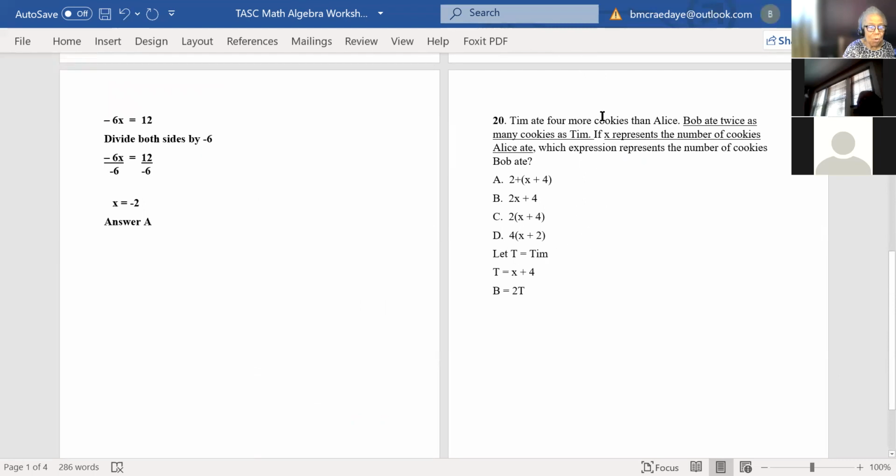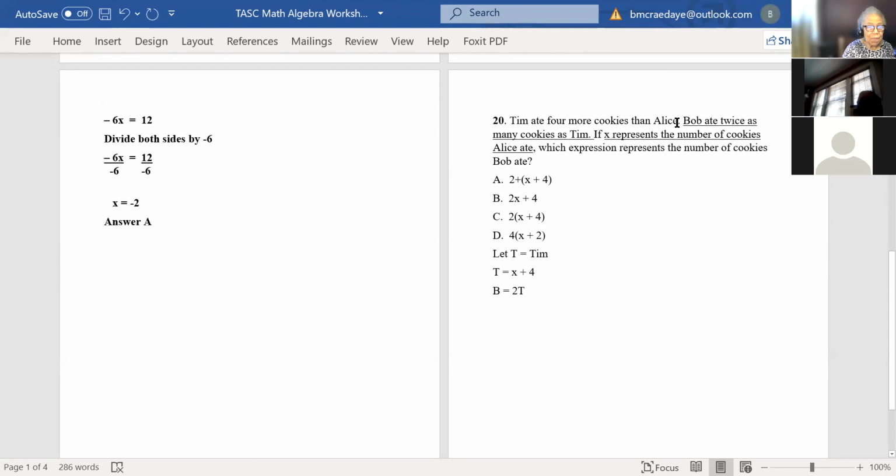Tim ate 4 more cookies than Alice. If X is the number, and X has to be, because that's in the answers, X is the number that Alice had, right? So if Tim ate 4 more than Alice, Tim would be X plus 4, right?